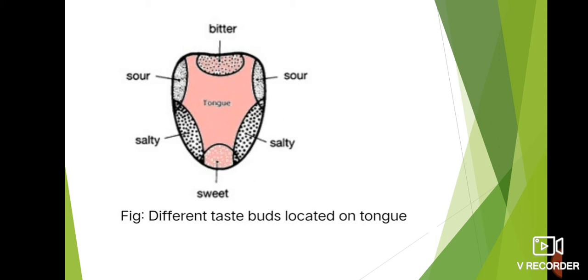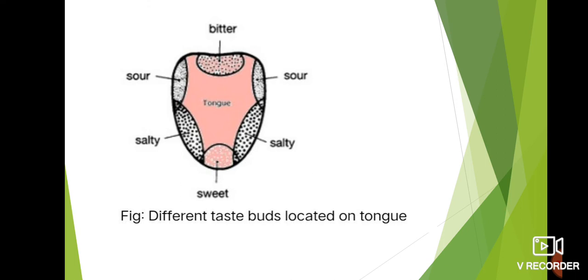Of the tongue. The bud dipped in salt solution tastes salty at the area just behind the tip of the tongue. The bud dipped in lemon juice tastes sour at the 2 sides of the tongue. The bud dipped in neem juice tastes bitter at the back portion of the tongue.